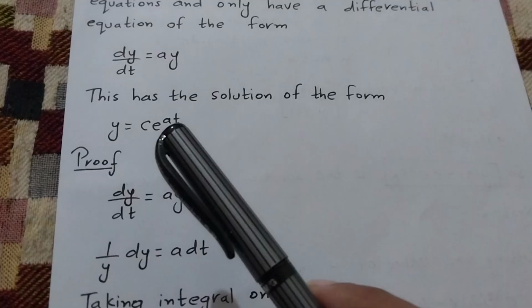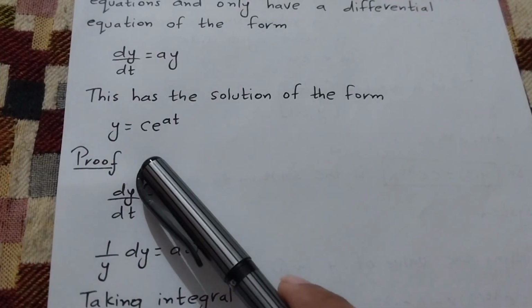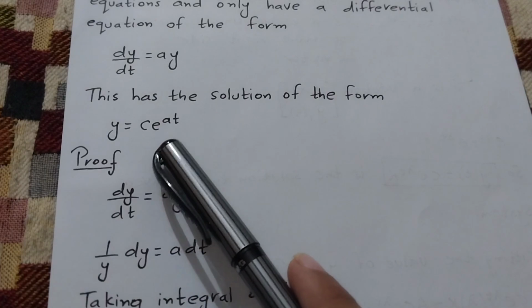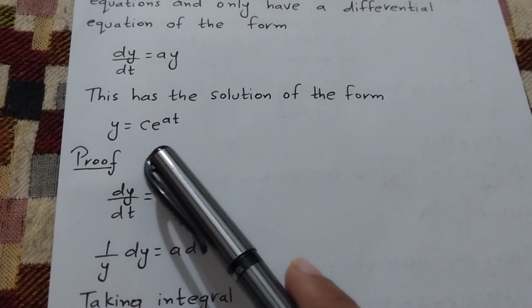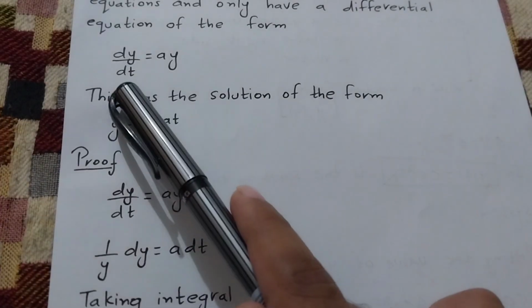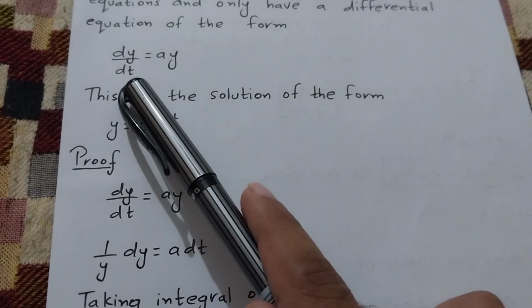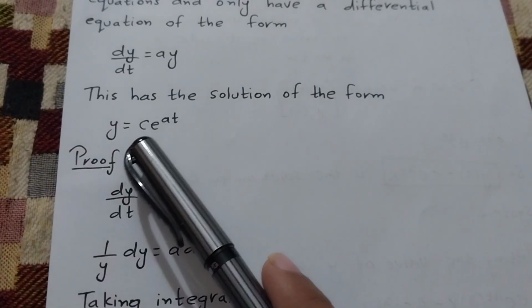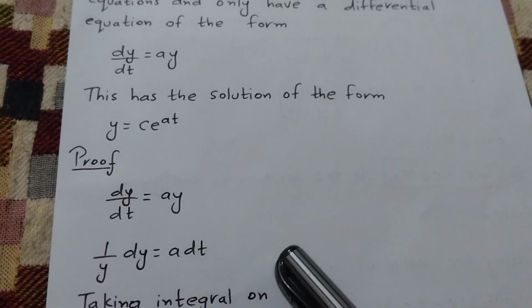C is a constant, and that constant is being multiplied by an exponential, and the exponential is e raised to power at. So, firstly, we'll prove that the solution of this differential equation dy over dt is equal to ay is this particular value.